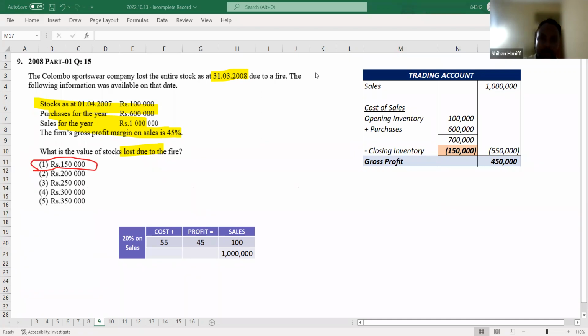So why is it sales minus gross profit to get closing? Because sales minus cost of sales is gross profit. So if you want to get the cost of sales, sales minus gross profit, you will get this answer.